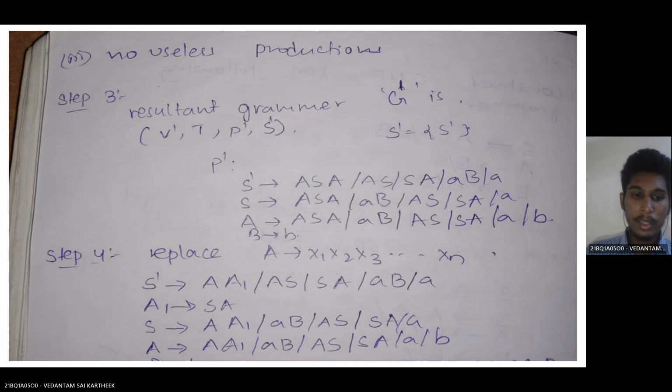After this, if there are any productions of the form A implies x1 x2 x3 and so on up to xn, we need to replace them as A implies x1 A1, where A1 implies x2 x3 and so on.